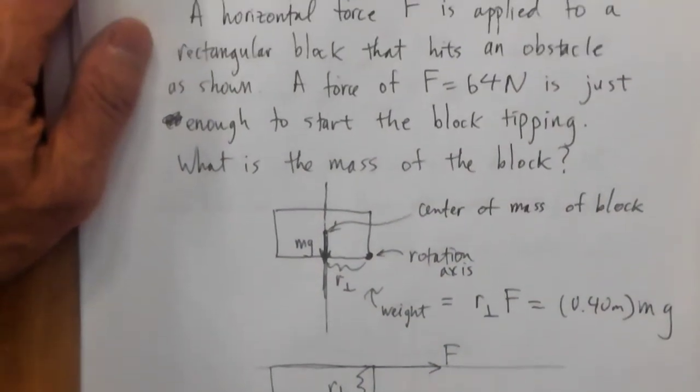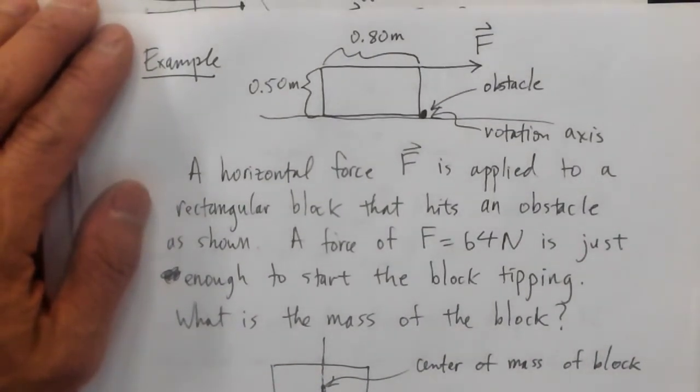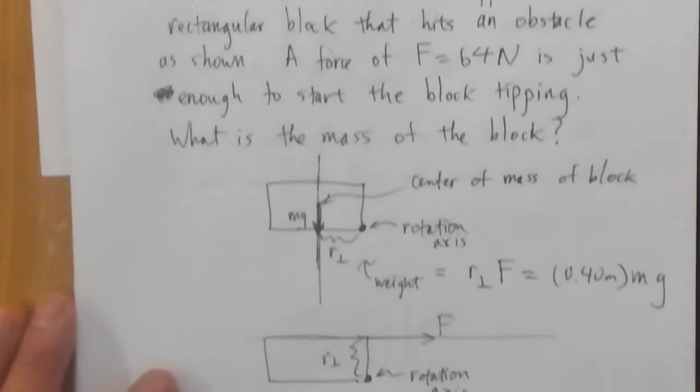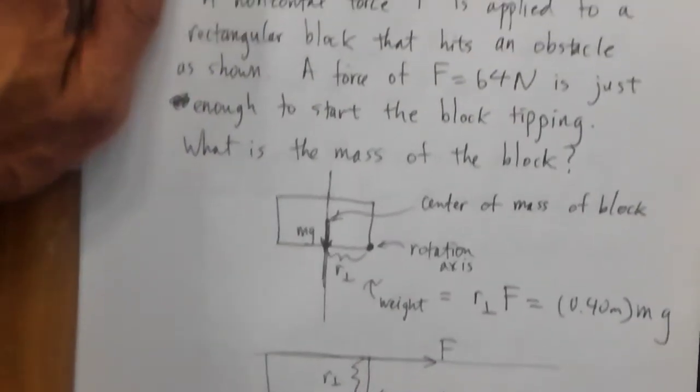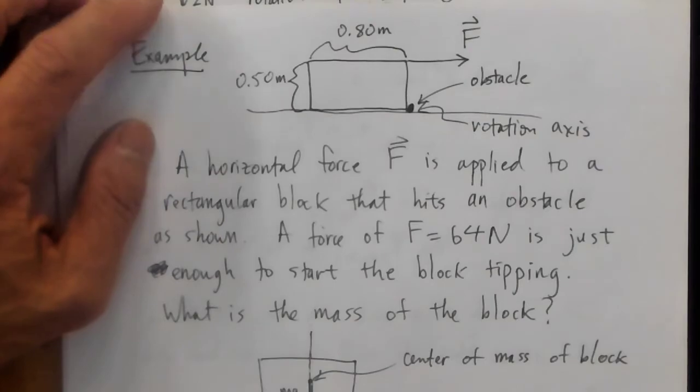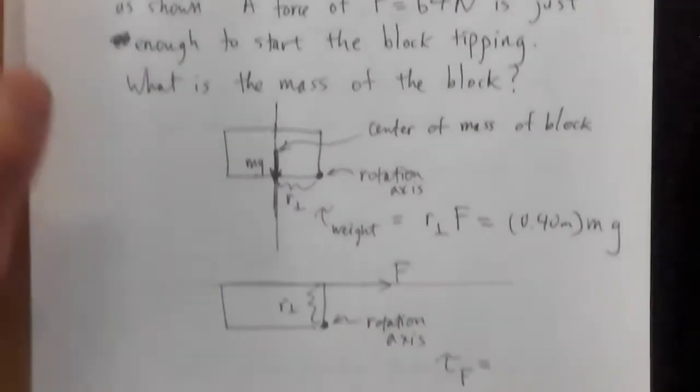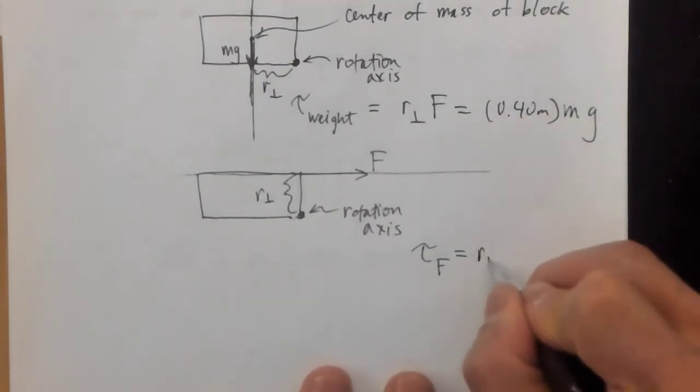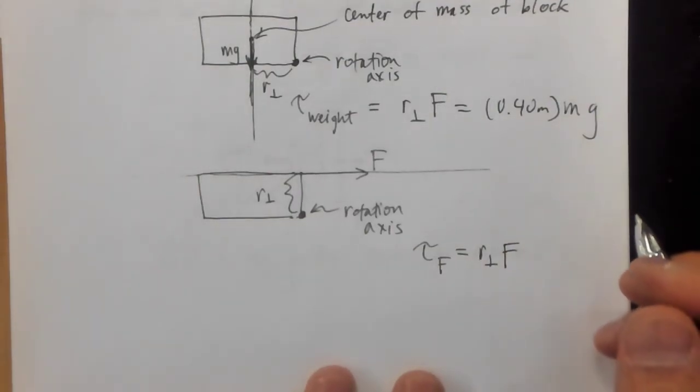What would the r perpendicular be in this case? Notice it's the full length. It's 0.5. So we get r perpendicular times F.